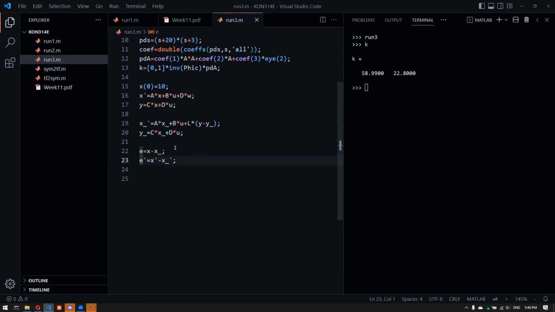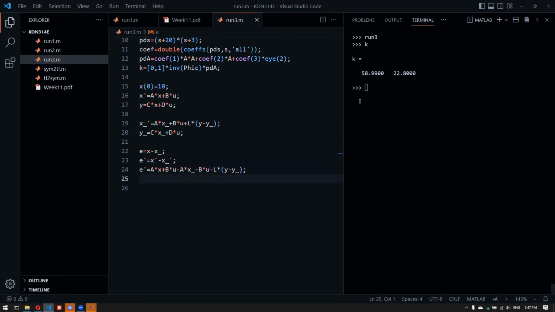Now, we're kind of going through a proof here. The x dot here is defined as the right-hand side. So let me get rid of the terms here. We have this portion minus this portion, so it's kind of a difference between the dynamics that we have here. There we go.